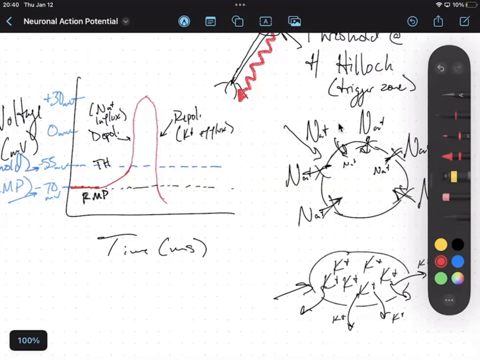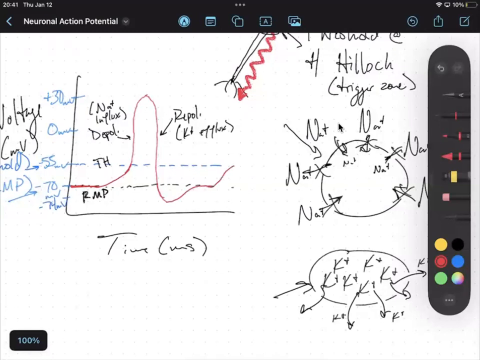In other words, we're more negative. So say now we're at like -74 millivolts instead. Okay, we became a little bit more negative, right? And then ultimately we'll drift back up, and we'll get back to resting membrane potential until we have the sequence happen again, and then we have another action potential.